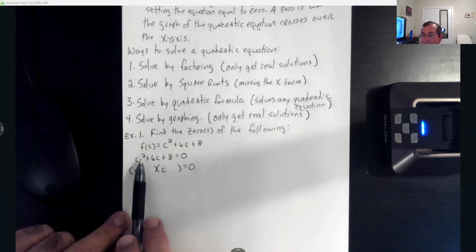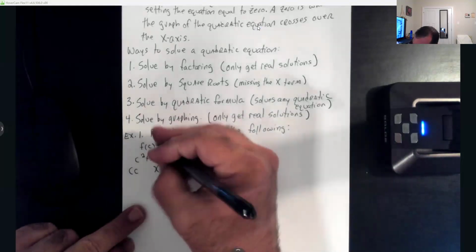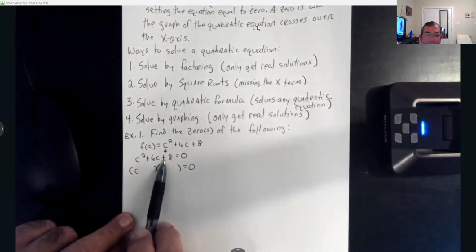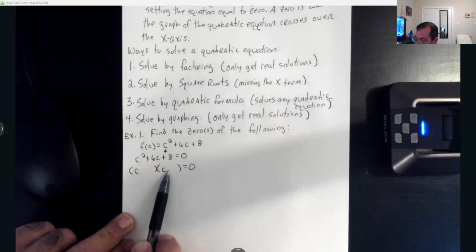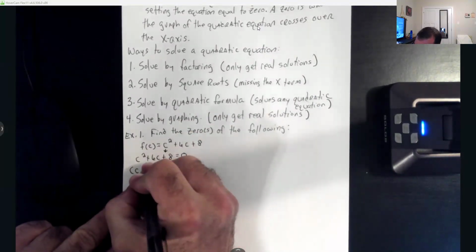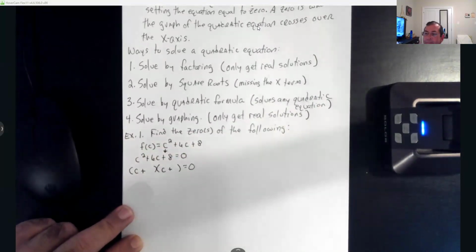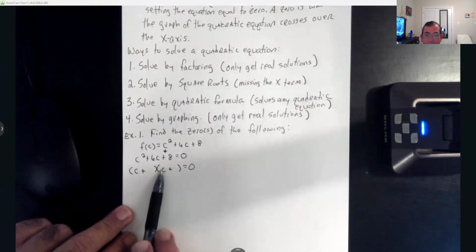Now, remember what we said yesterday when I gave you all the steps on factoring. I said if the last number was positive, and my 8 is positive, that means that both of these factors will have the same sign as that middle number. So that means that both of these will be plus. And remember, I gave y'all the 4 different patterns yesterday, okay?